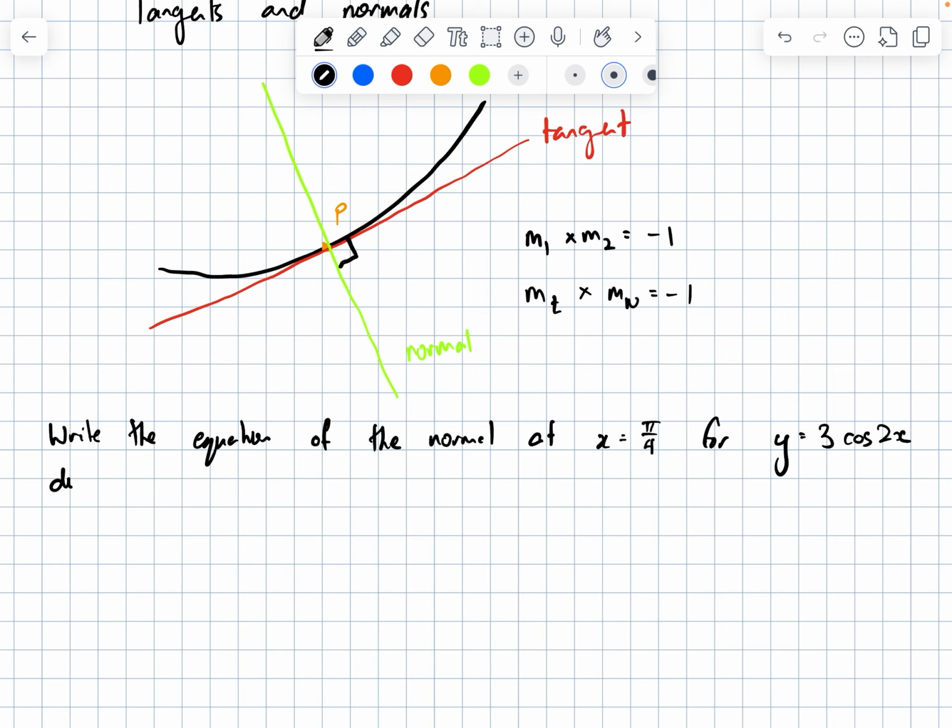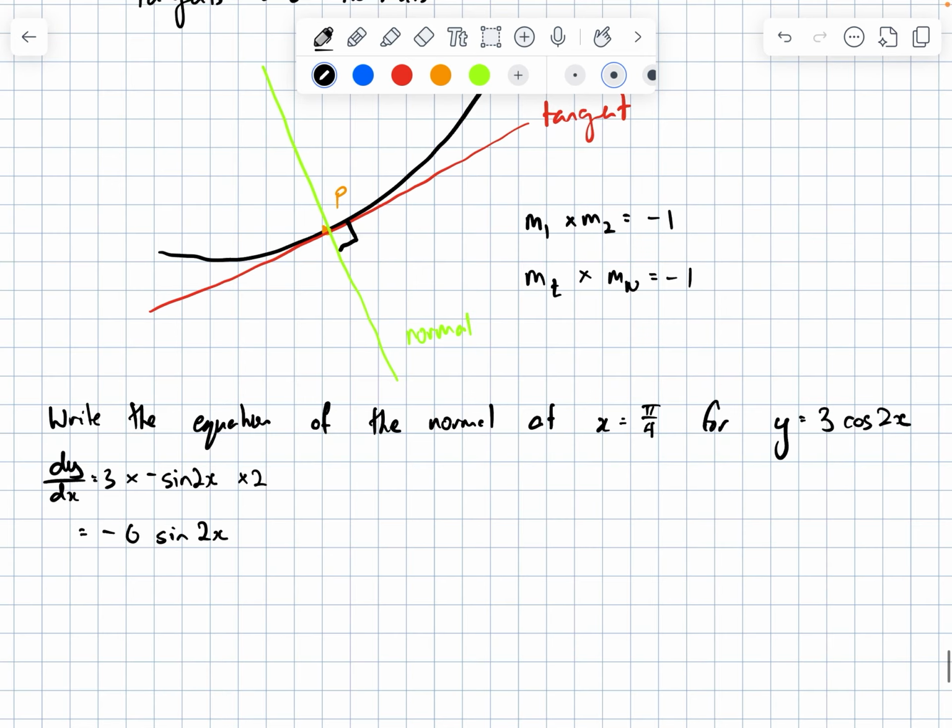So dy dx equals 3 times, now cos differentiates to negative sine 2x, and then chain rule, we've got to times by the derivative of what's inside the cos, or timesing by 2, giving us -6 sine 2x.